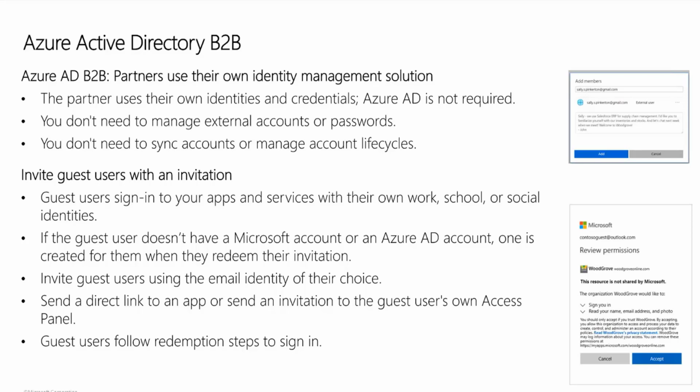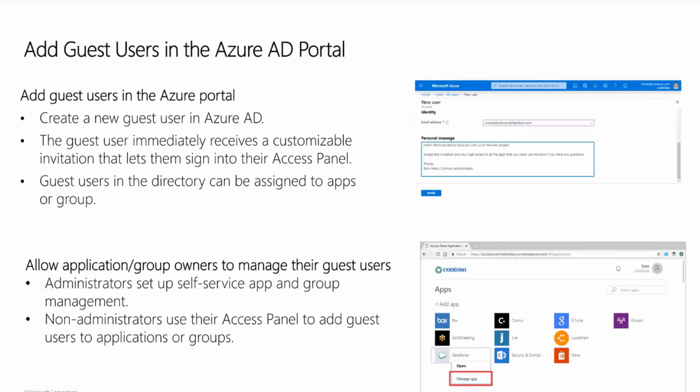So you can add guest users to Azure Active Directory. You can actually add it from the portal itself. We have actually added guest users and sent an invitation to these users. So when the users get that email, they can simply click on it, and they will be joined as guest users of the organization.